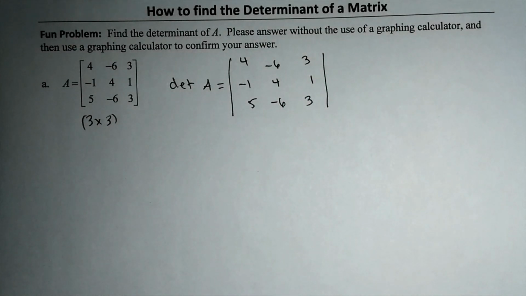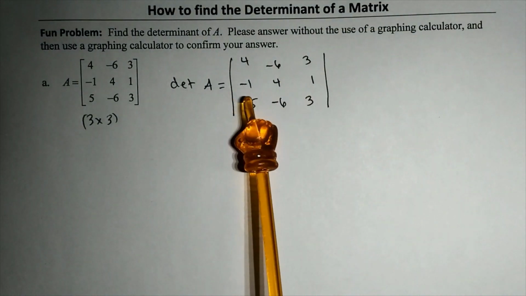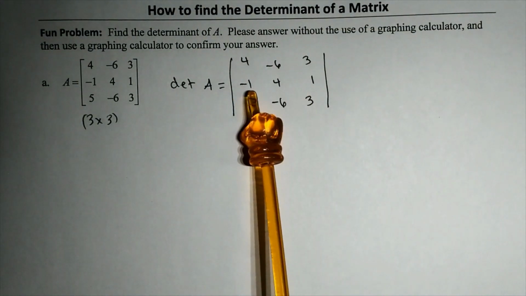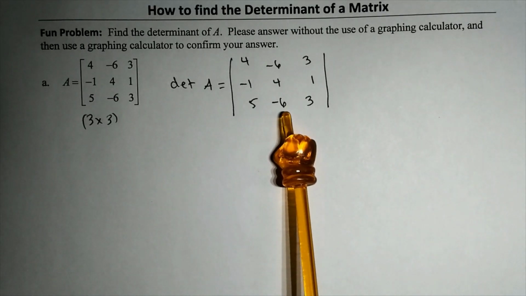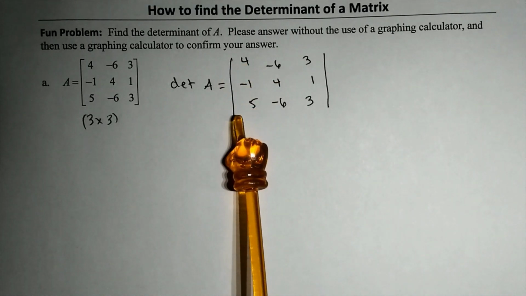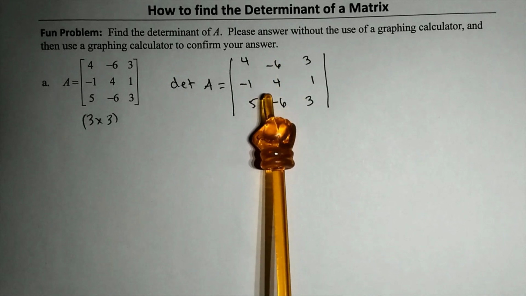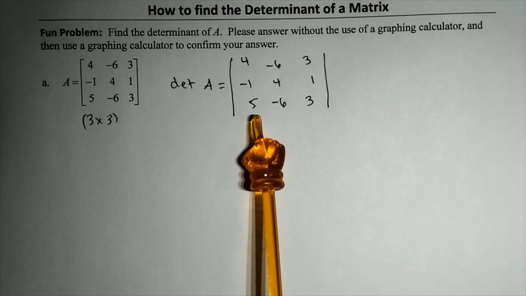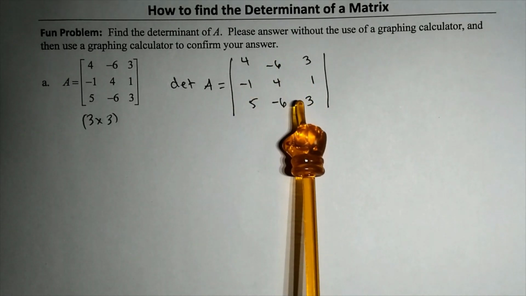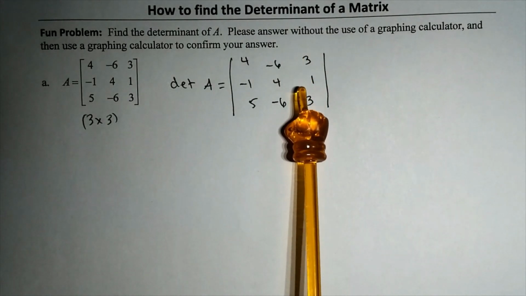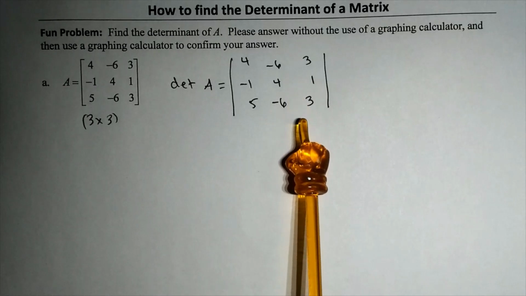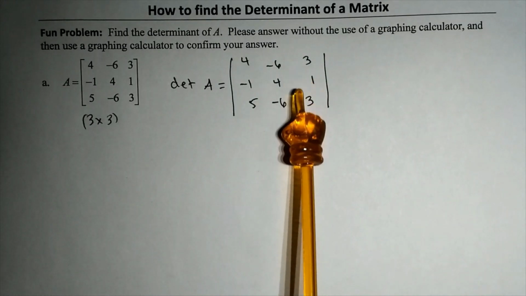The second row is also nice, I really like it because we have ones in there, but I'm still afraid of the negative. The third row is nice, but I'm afraid of the negative. Let's look at the columns. We also have negatives, and the numbers are a little bit spicier. But look at this third column, 3, 1, 3. The numbers are relatively small, and guess what? There's no negatives.